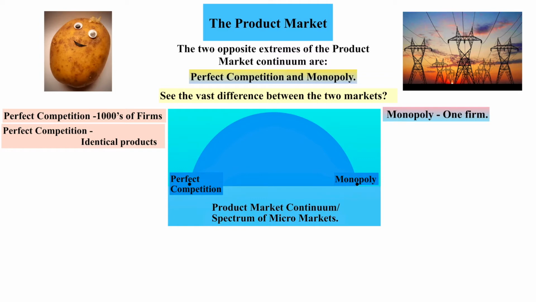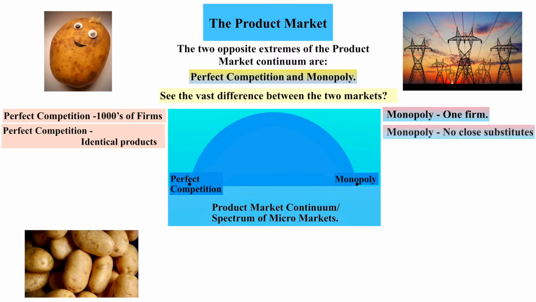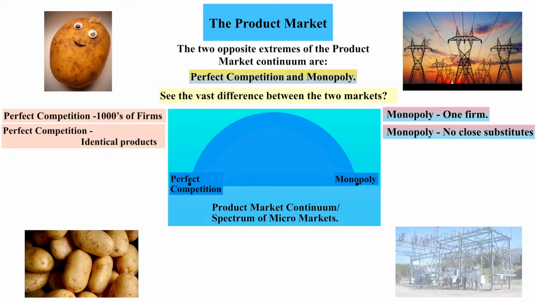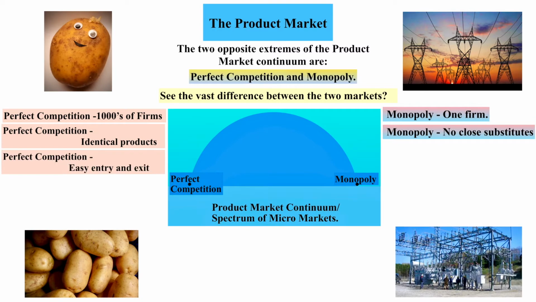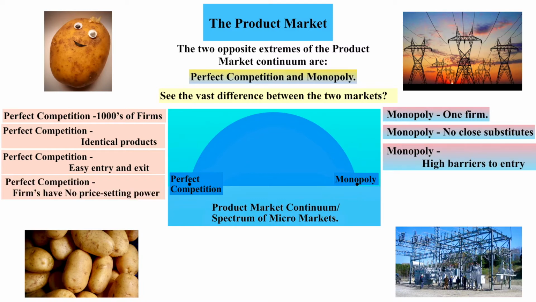Perfect competition, identical products. Monopoly, no close substitutes. Perfect competition, easy entry and exit in and out of this market. Monopoly, high barriers to entry. Perfect competition, firms have no price-setting power. Monopoly, firms in this market have extreme price-setting power.